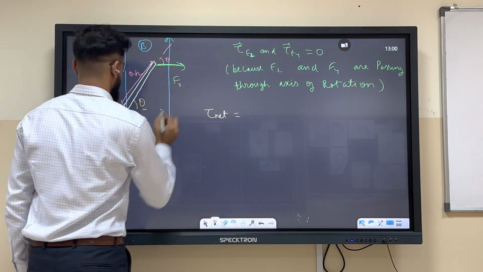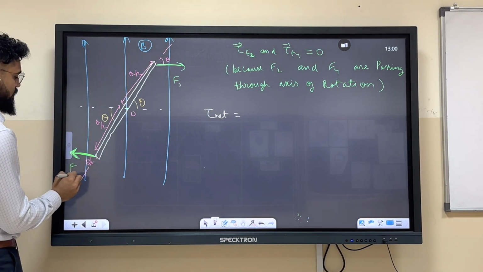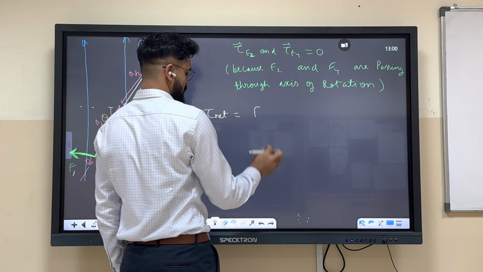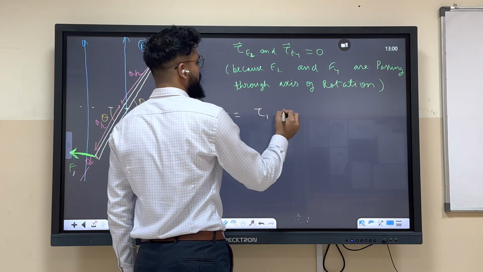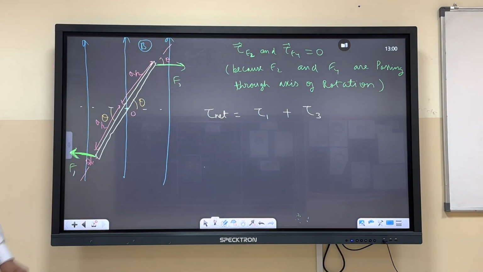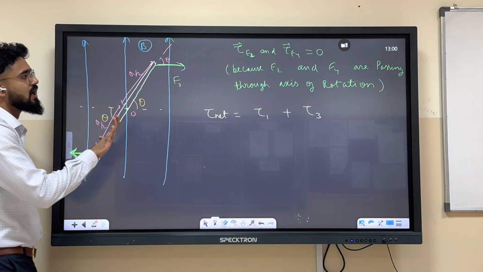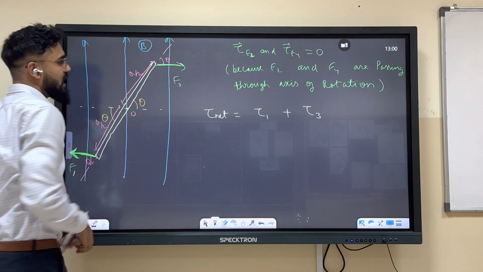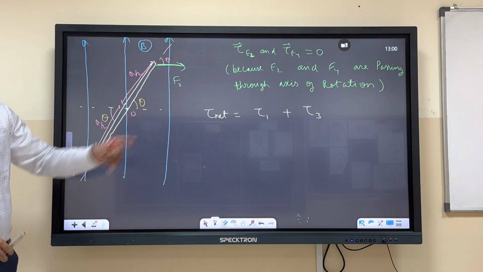F3, and this was F1. Torque net because of F1 and because of F3 is this. Both of them will be in the same direction, R cross F inside, R cross F inside. So they are in the same direction. That's why we are adding them.